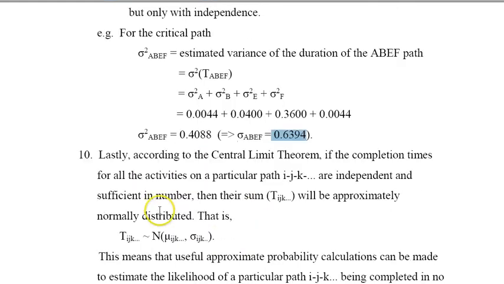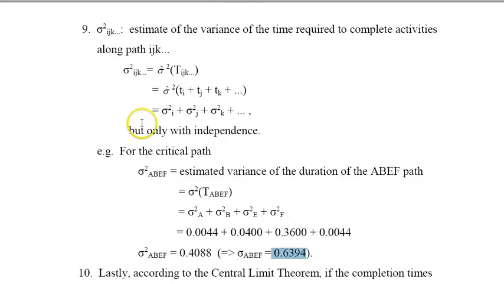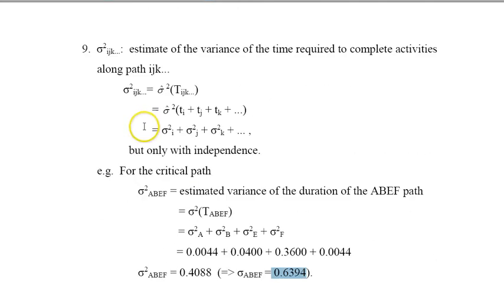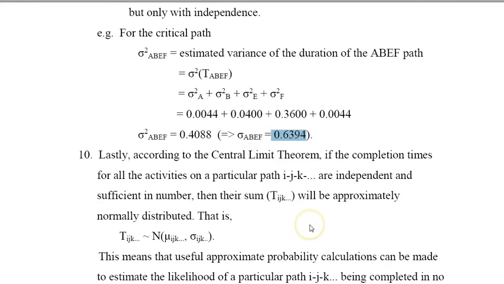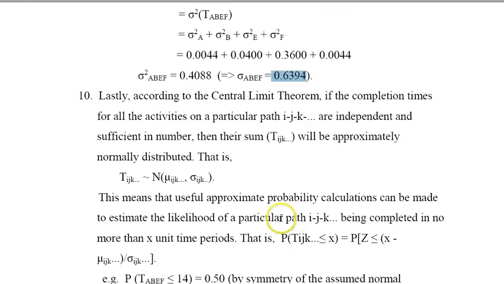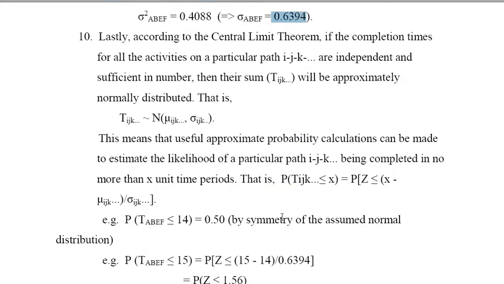Okay, now by the central limit theorem, the duration T of the critical path is supposed to be normally distributed. Because it's bell-shaped, I can compute the probability of T being less than or equal to x.